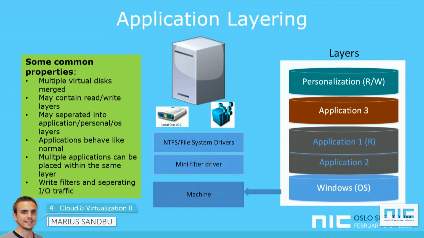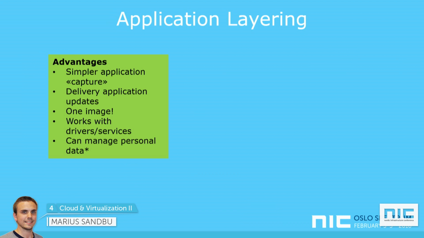And in some cases, we can also do operating system layering, which means that we can have multiple versions of a virtual machine stored in a layer, which means we can then mix and match as we want to. So a much simpler application process.